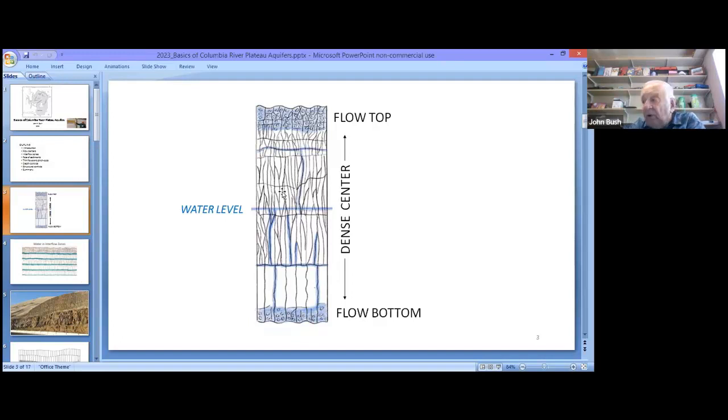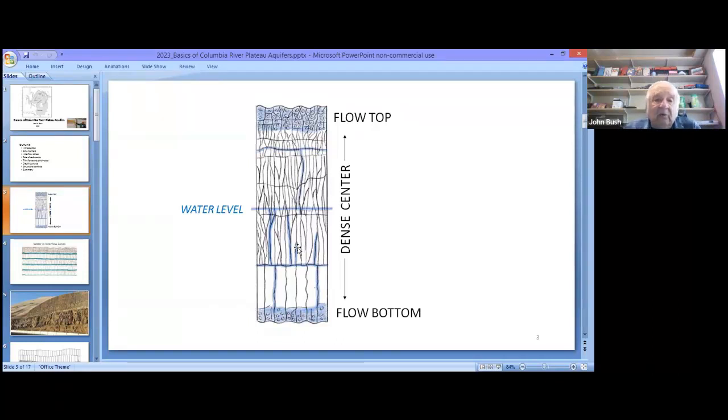What Steve Rydell pointed out is that, regardless of the nature of the columnar joints in the center of the flow, in terms of hydrology the centers are pretty dense and relatively impermeable. So in any one flow, his rule of thumb was that 80% of the flow is relatively impermeable.